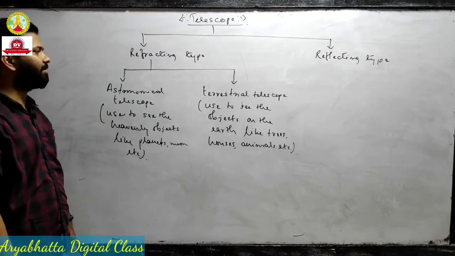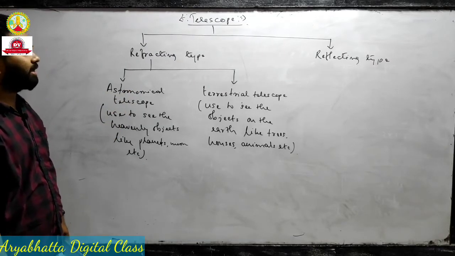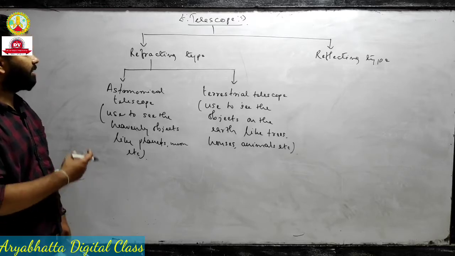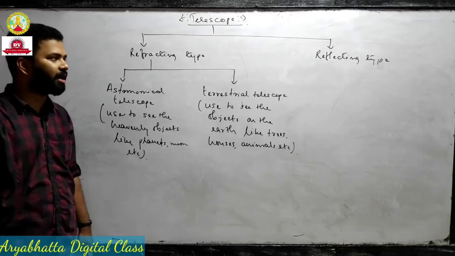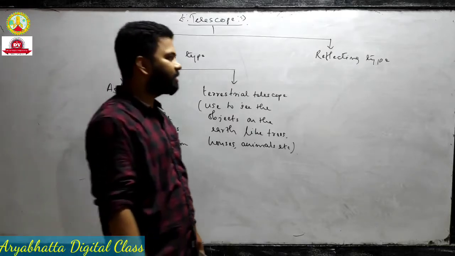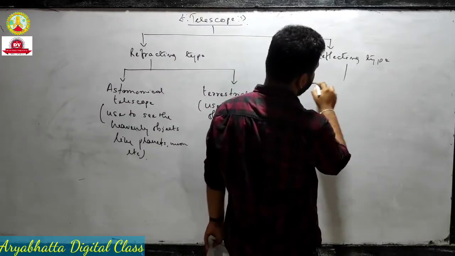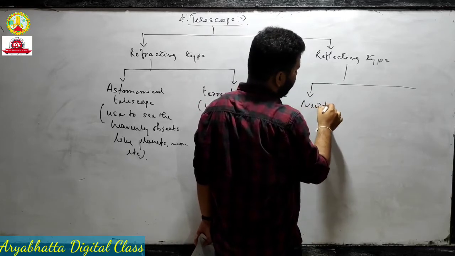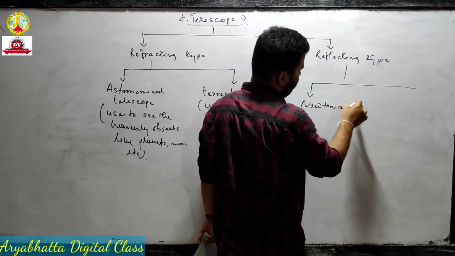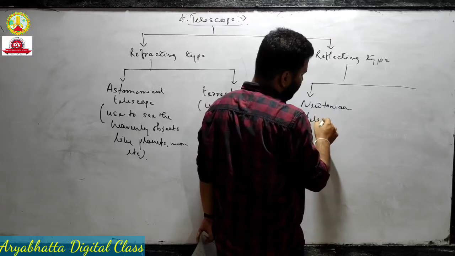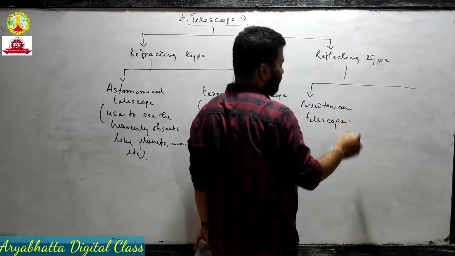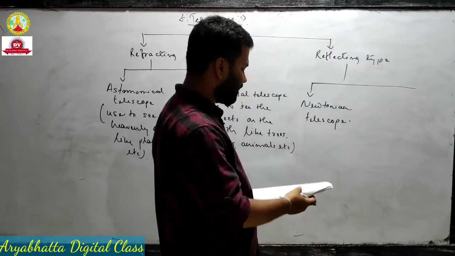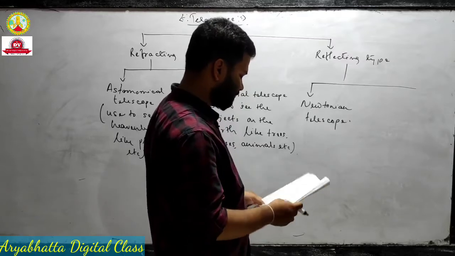So telescope are of two types, refracting and reflecting. And refracting is of two types, astronomical and terrestrial, and reflecting is also of two types. One is Newtonian telescope. Newton has come again. So one is Newtonian telescope. This is not required in our syllabus. And another one is Cassegrain type.